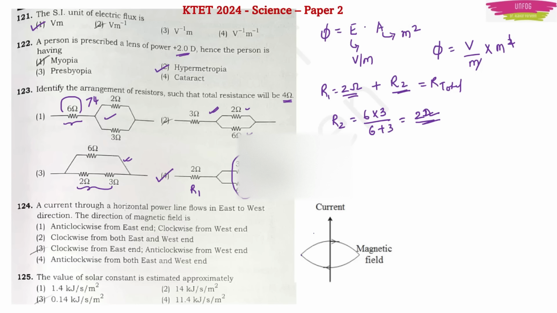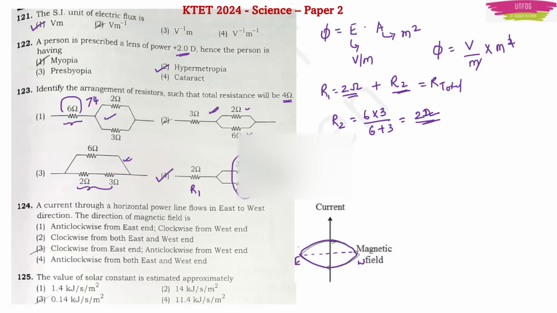Here, if the current is going through the horizontal power line flowing from east to west, this is east, this is west. If it is going this way, then the magnetic field will be perpendicular to this. For that to become perpendicular, if the current is going from east to west, the field will go like this, and if it is going from west to east, it will go like this.